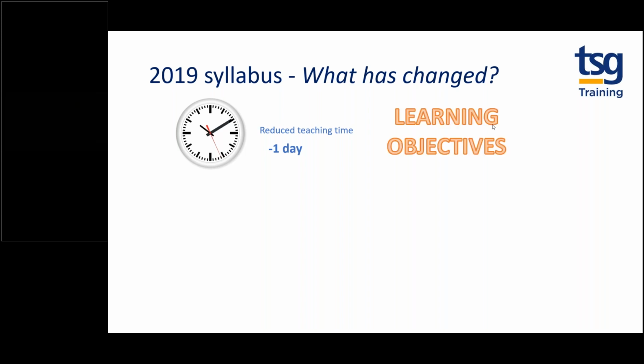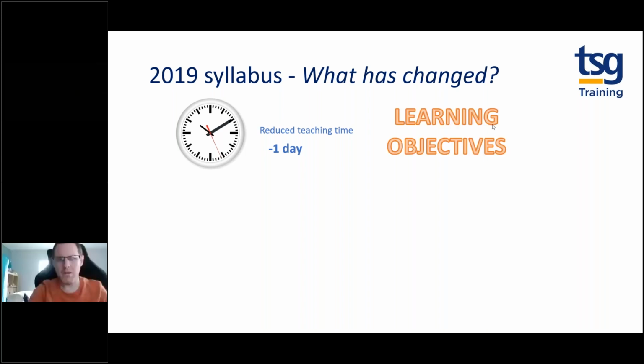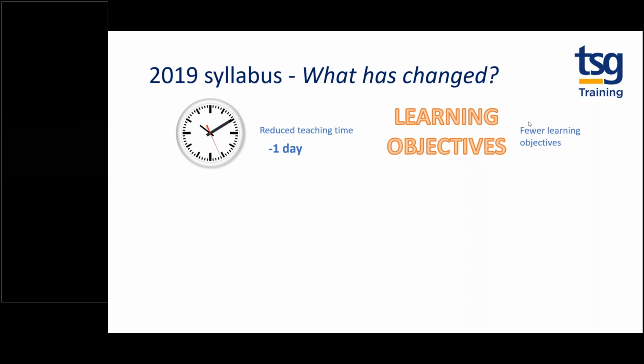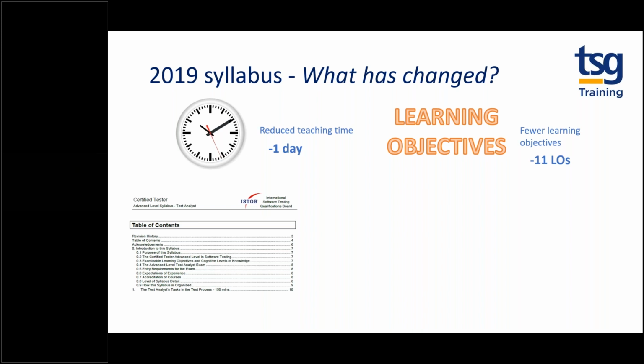If you think about exams and training courses, we're always interested in how many learning objectives there are. So in taking a day out of the course, the number of learning objectives that are examinable has been reduced. There are 11 fewer learning objectives than there were in the course previously. And John, let's not forget this is based on market demand as well. Absolutely. So the content's changed.